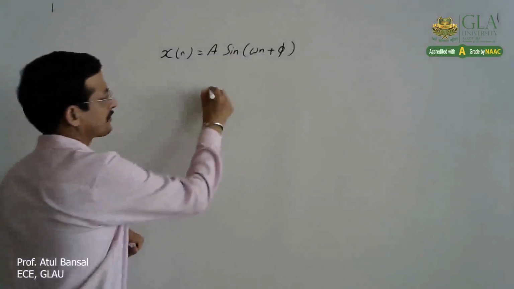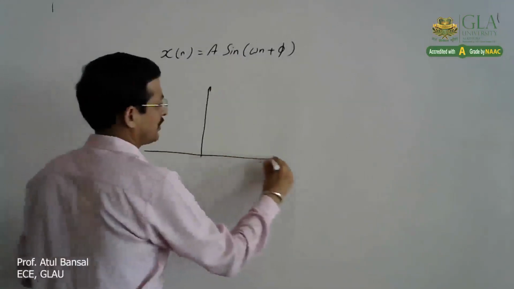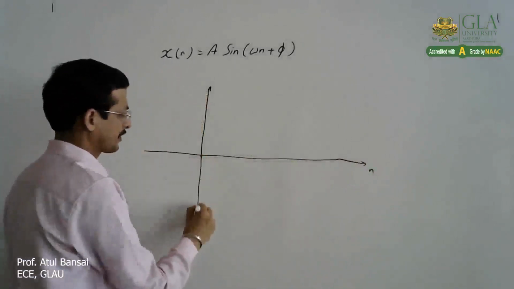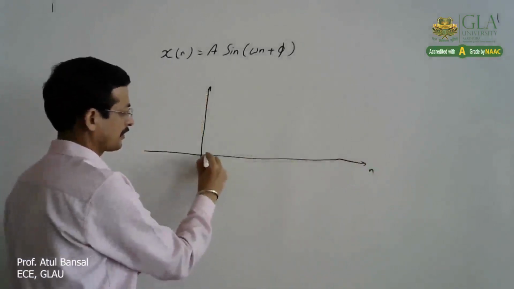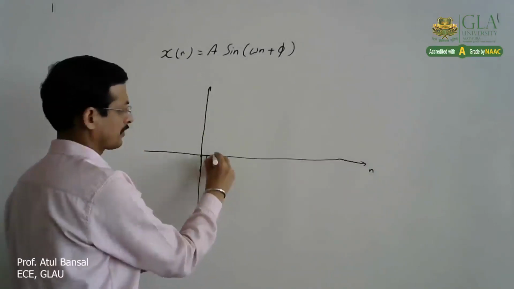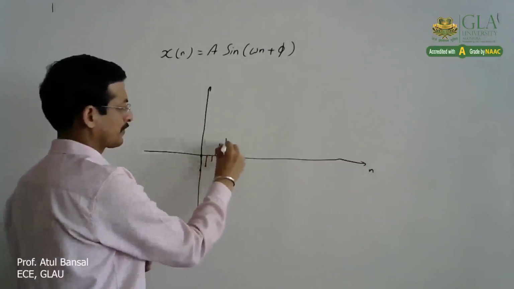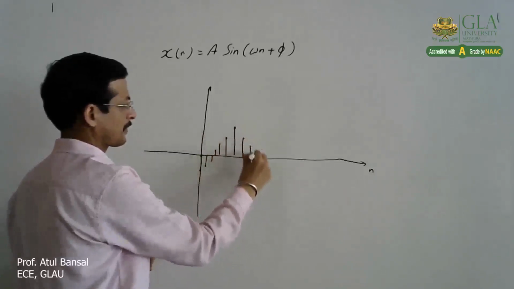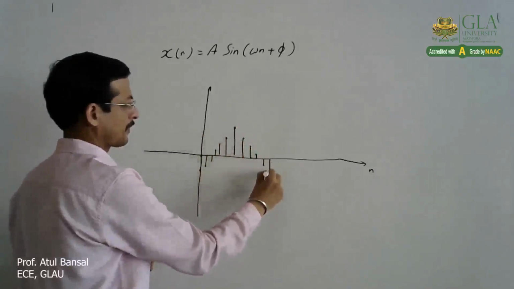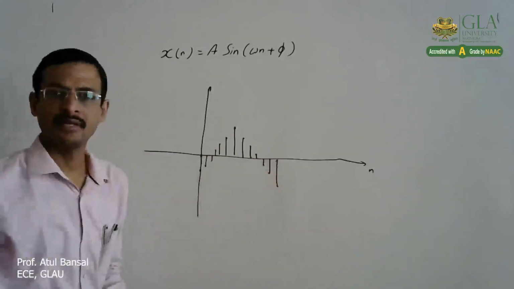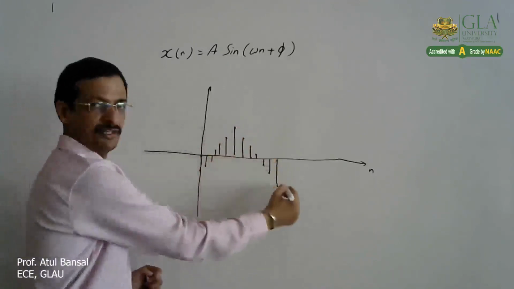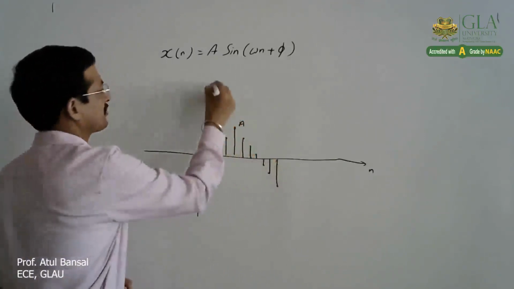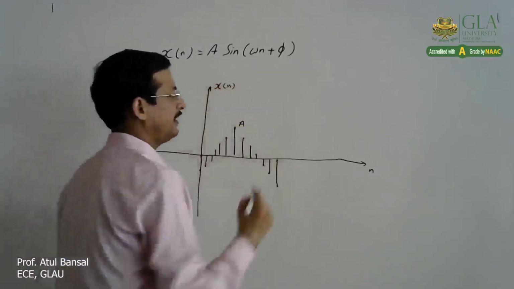So if we sketch this, the signal again looks like a sinusoid, like this. Again, if you see the envelope, it is again sinusoidal, and the maximum amplitude, if you consider, is A. So this is x[n] versus n.